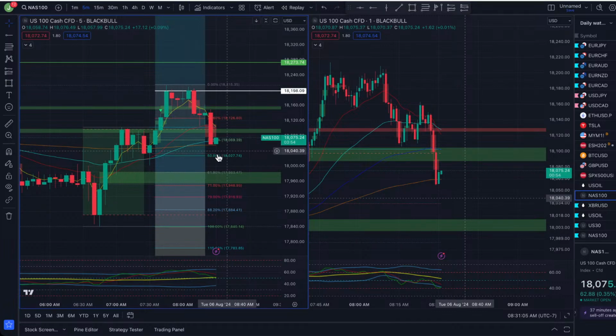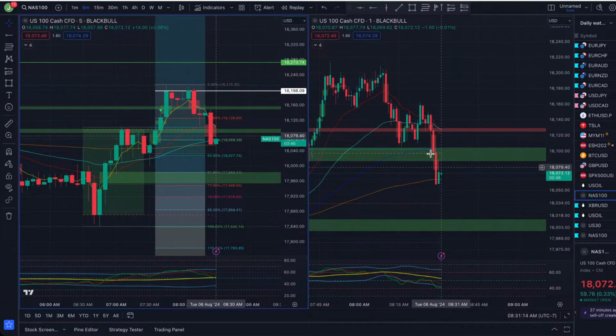Ideally, we want to see this push back in, up over this fair value gap, and push past the top of this to let us know this thing wants to push up. Otherwise, it's pushing right into a fair value gap. We want to see it disrespect this fair value gap and push up.